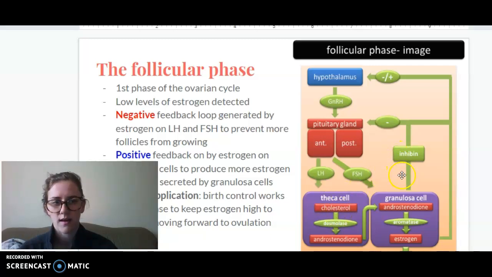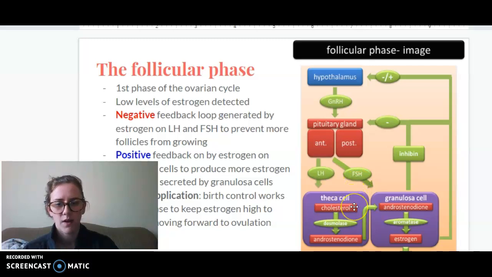We can also see that there's an inhibitory loop that affects the secretion of LH and FSH from the anterior pituitary, and so when inhibin is secreted by granulosa cells to block these 2 from being produced, that's the way of the cell controlling how many follicles are going to be made and matured during the follicular phase.